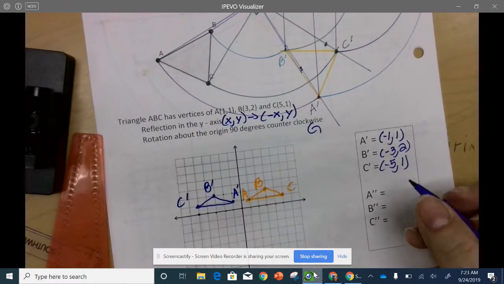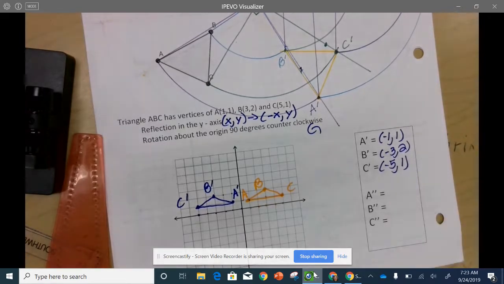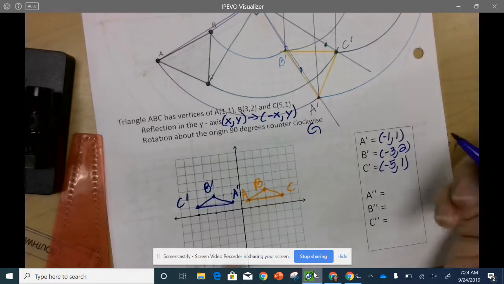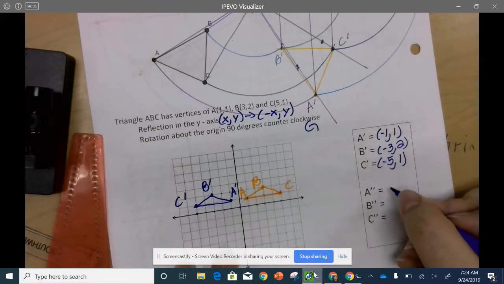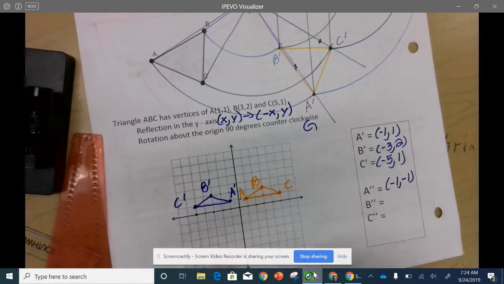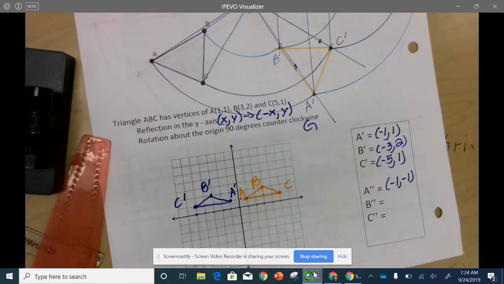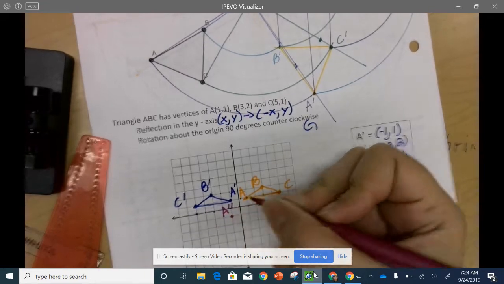Okay, so for this one, everybody, counterclockwise, it's going to go in this direction. And it is going to do where they change signs. So we're going to go ahead and go counterclockwise on this one, everybody. So it's going to switch. So it's going to become negative 1, negative 1. So that's A double prime.